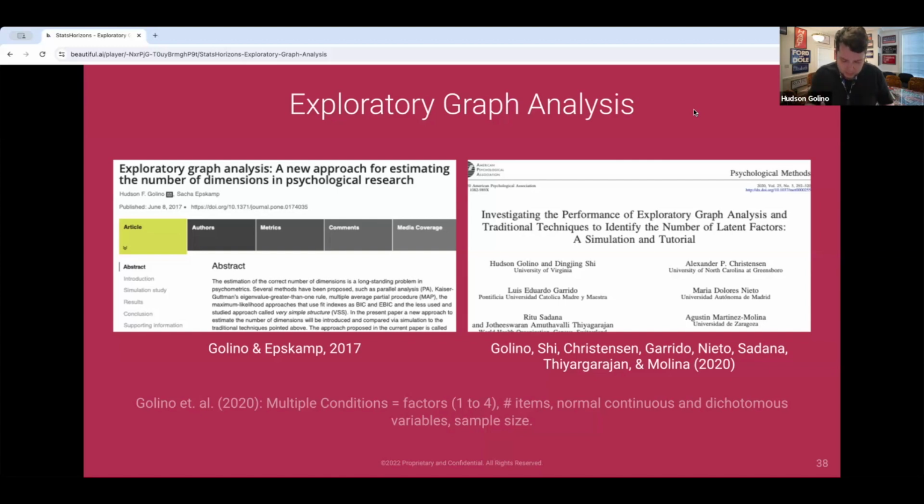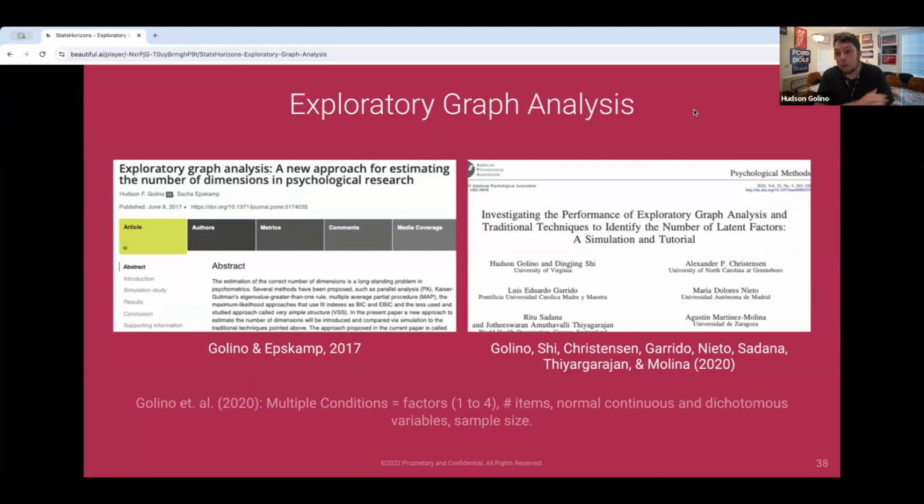So I implemented a big simulation study, and I used network models together with community detection algorithms. And when the simulation finished, I couldn't believe the result.